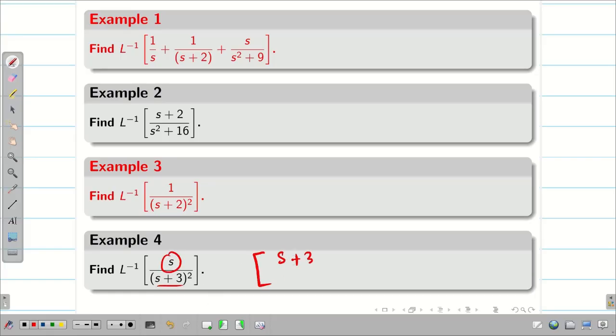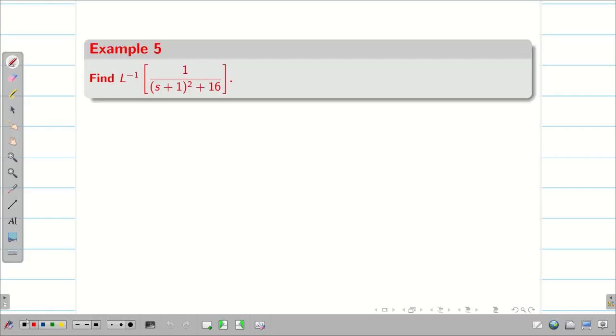So what we did, we add plus 3 and minus 3 because we have plus 3 in the denominator. S plus 3 whole square. Then simplifying this, we get the solution. Next, this problem, we took e power minus t outside by shifting property and we get 1 by s square plus 16. Here also to match the problem, I am multiplying and dividing by 4 and we'll get the solution.